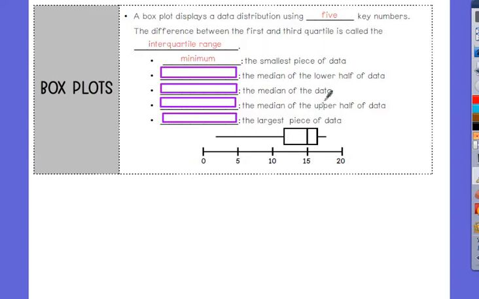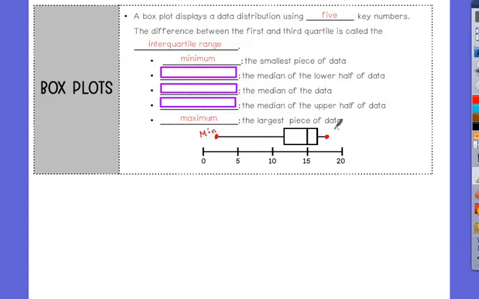I'm going to go in the order that I like collecting my data. Next, I like finding the largest piece of the data. What would that be? Starts with an M. Maximum. So my minimum would be right here. My maximum would be here. Might want to label it.